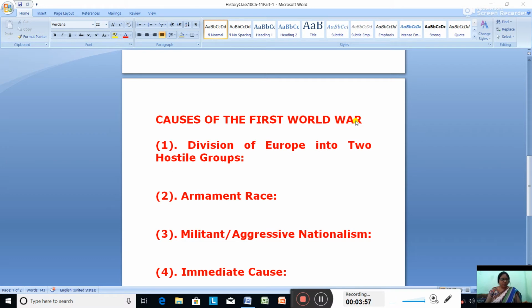So France established friendly relations with Russia and England, and these three countries entered into the Triple Entente in 1907. So here we see that Europe was divided into two hostile groups, the Triple Alliance and the Triple Entente, and consequently there was tension among these countries. It created a war-like situation.